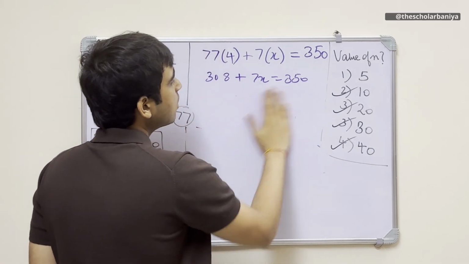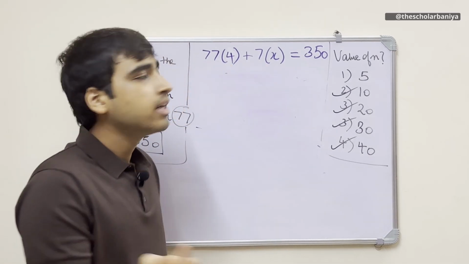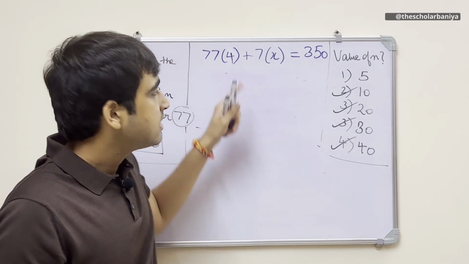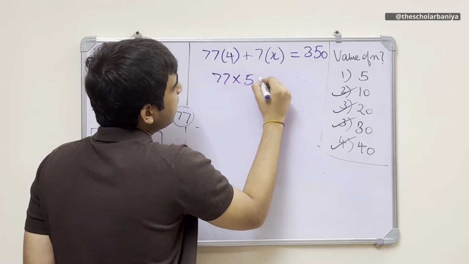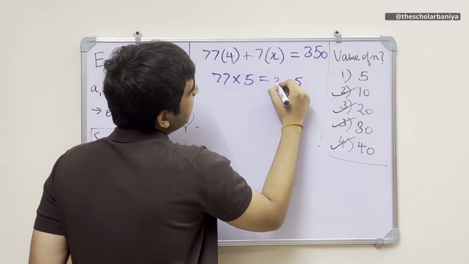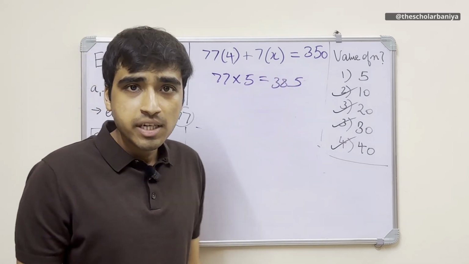But now, if I do 5 over here, then you can see it's not possible. Why? Because 77 into 5 will be 385, right? But we already know that the sum is 350.